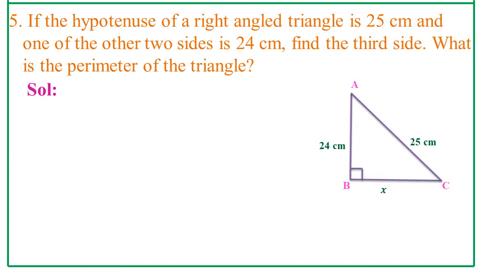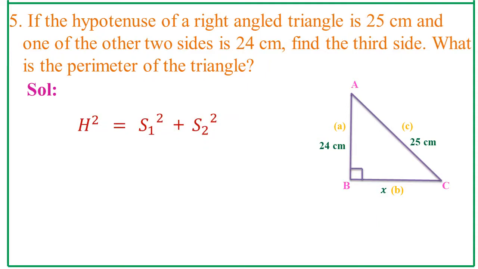We have to assume x. Also given the hypotenuse 25 cm and three sides A, B, C. Now we need to find the third side and the perimeter of the triangle.